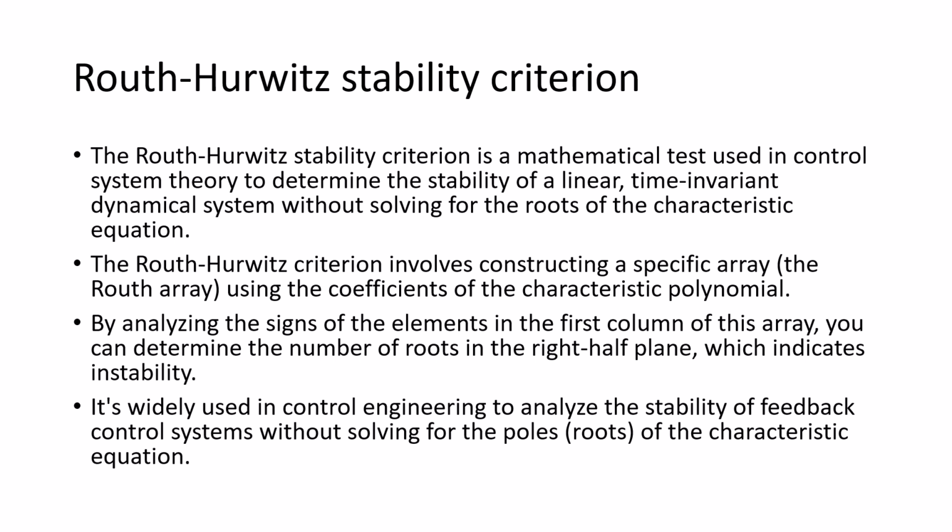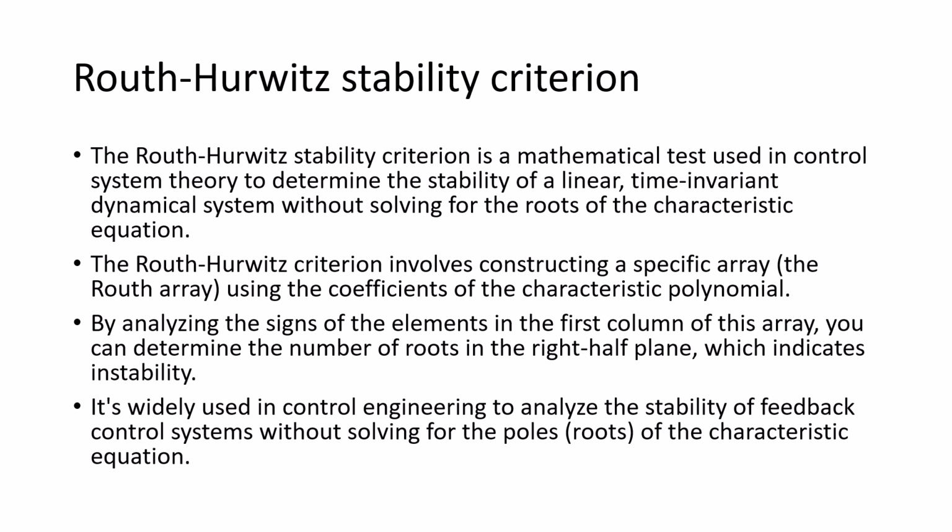We have seen that if we have a single root in the right half plane, then the system gives an unstable response. So from the Routh array, if there is any sign change in the first column of the array, from there we can find out how many roots of the system will be in the right half plane.